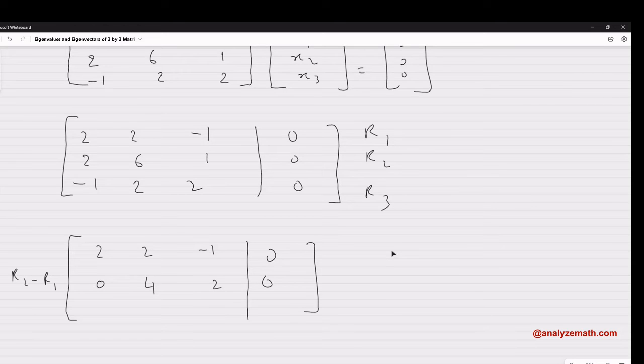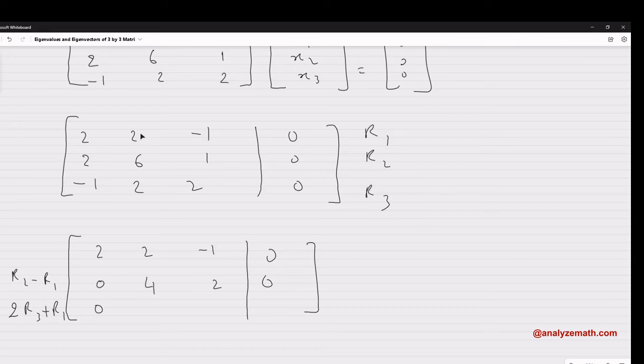Now the last row, I'm going to multiply it by 2 to have minus 2 here, and then add it to the first one. So the last row is 2R3 plus R1, and it will give me 0. Remember, 2R3, you multiply, that gives you minus 2, 2 plus 2, 0.